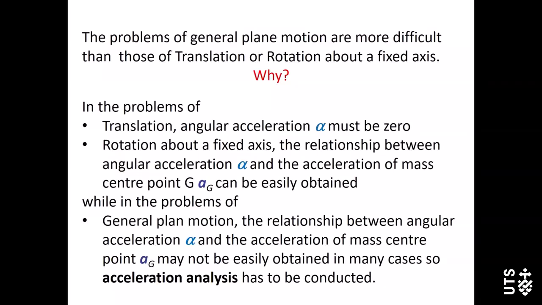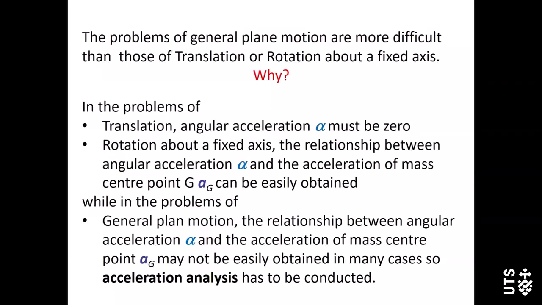They can be easily obtained. But in the problems of general plane motion, the relationship between angular acceleration alpha and the acceleration of mass center point G, a_G, may not be easily obtained in many cases.